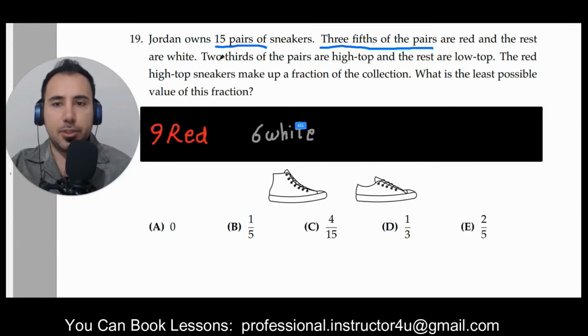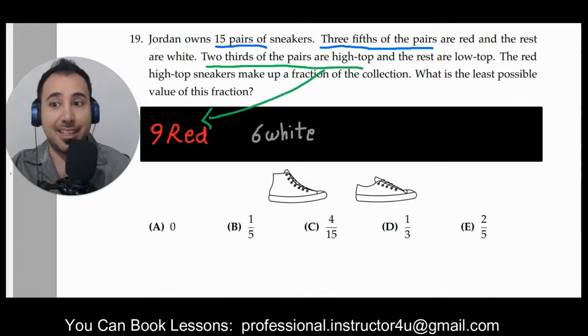Now here, 2/3 of the pairs are high top. So again, another common mistake is 2/3 of what, right? I had one student who thought 2/3 of 9, and then he got it wrong. So 2/3 of the pairs, again, it means these pairs.